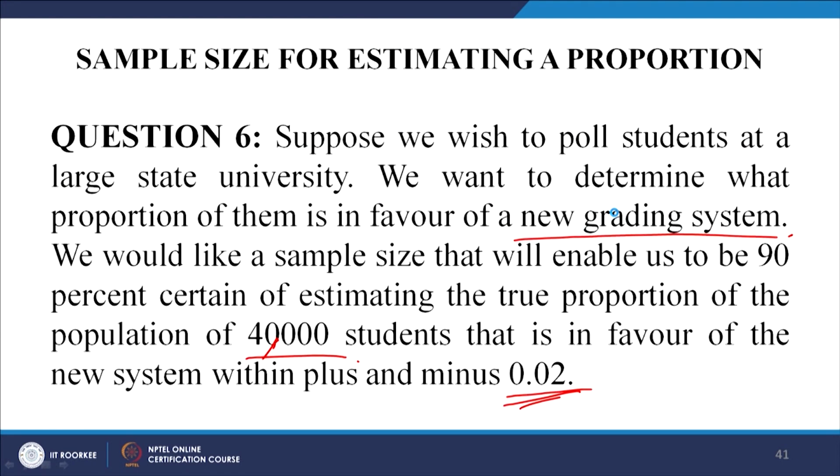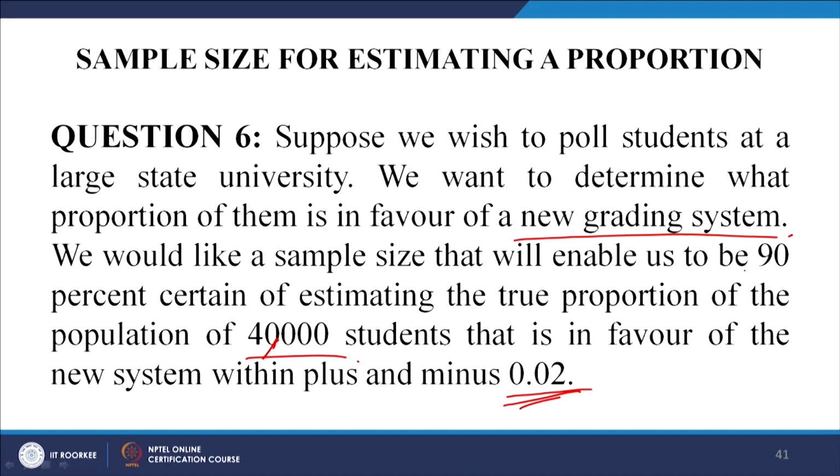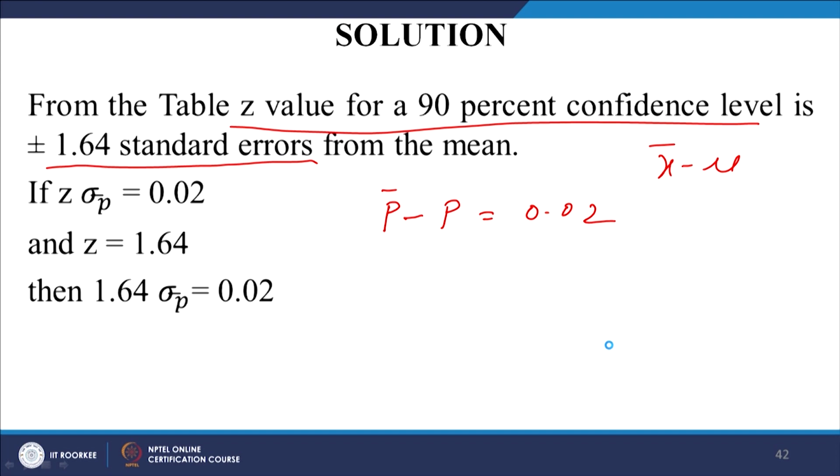Let us go back to the question. We would like a sample size that will enable us to be 90% certain of estimating the true proportion of the population of 40,000 students in favor of the new system within plus and minus 0.02. So, the difference between p bar and p needs to be only 0.02.